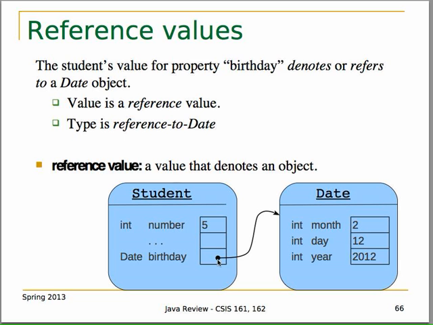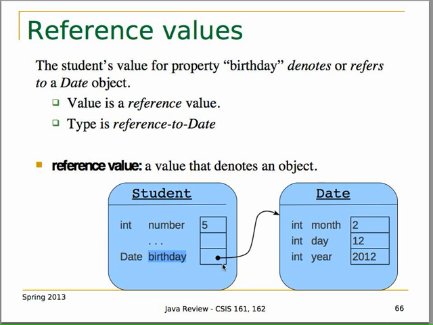So this would be, although we would think of this birthday as being inside student, really what's happening is, if you were to look inside memory, what you would see is a reference to, or we denote this with an arrow pointing to another object. These are actually separate objects. Although we think of data members as being inside an object, if you have reference data types, all you really have is a reference, and it's called a pointer.